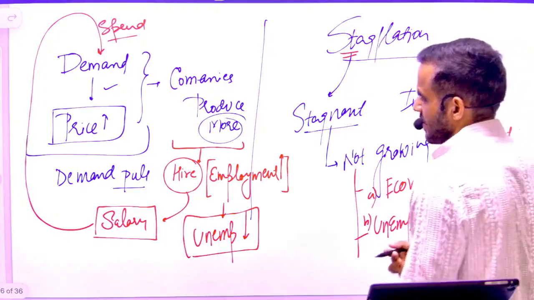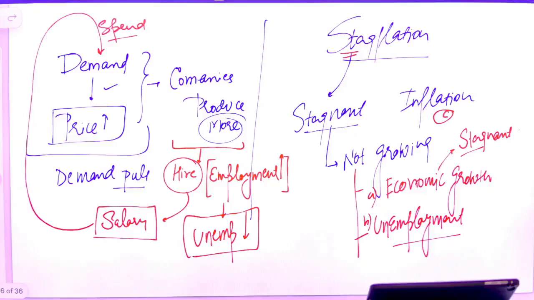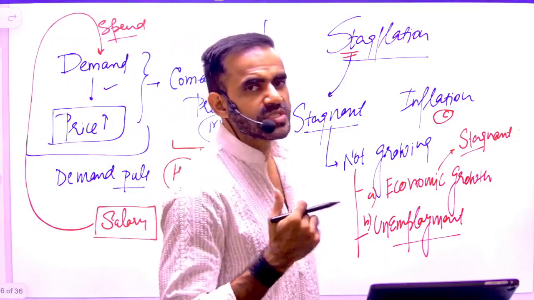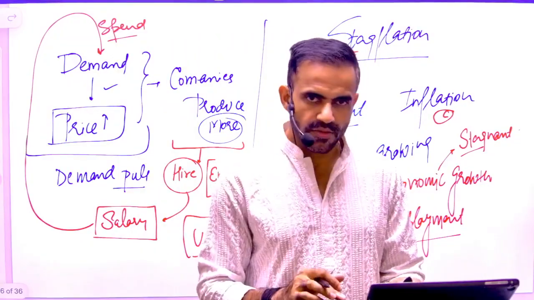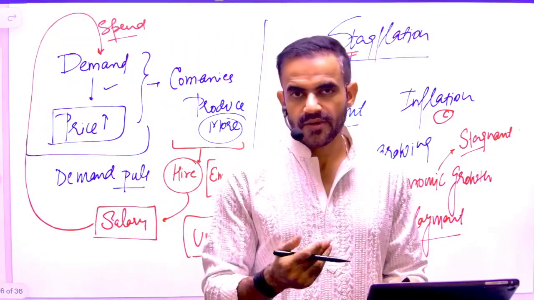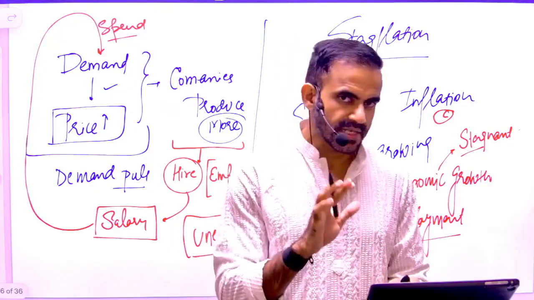Now why is there inflation? Technically, it could be because of any factor. Let me give you a very simple example. Let's say during COVID, the supply chain was disrupted, and because of that, the supply of fruits and vegetables was not proper. During COVID, there was a lockdown, and because of the lockdown, factories were closed. So economic output was limited.